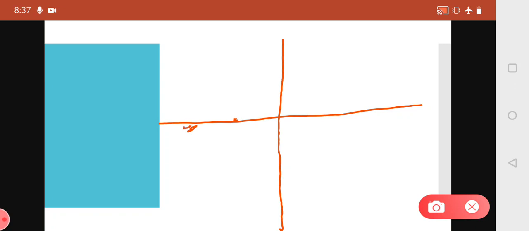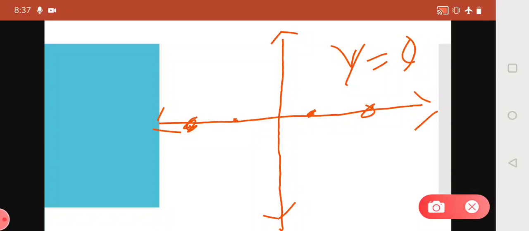Suppose the point is lying here, anywhere, but on the x-axis. This condition arises only when the value of y is equal to 0. Here we are using only one variable, so this equation is called a linear equation in one variable, that is, the y variable.